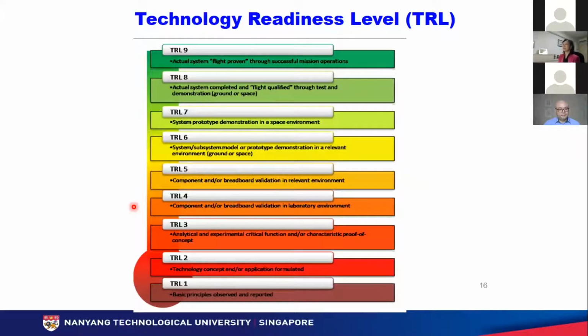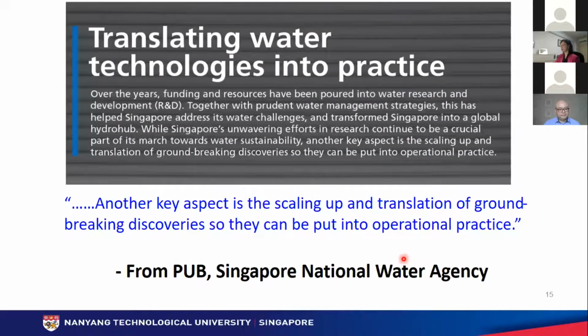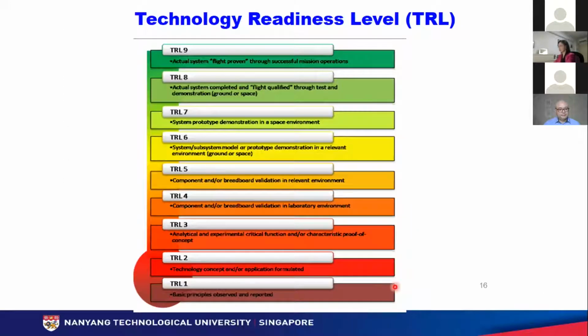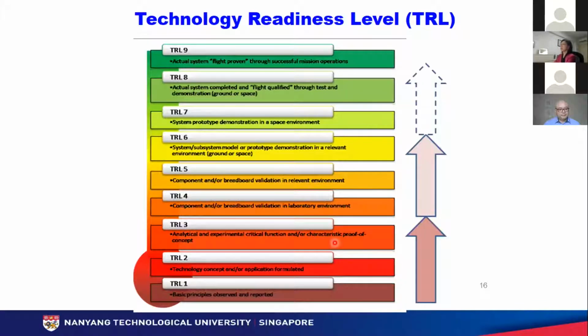It means the laboratory study at TRL level 1, 2, 3 is not sufficient. That's the normal technology readiness level for laboratory study. We need to further scale up, to push the technology to a higher level. Then industry can adopt our technology for real application and commercialization.